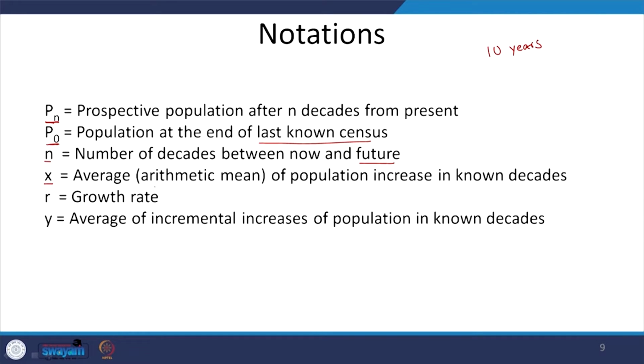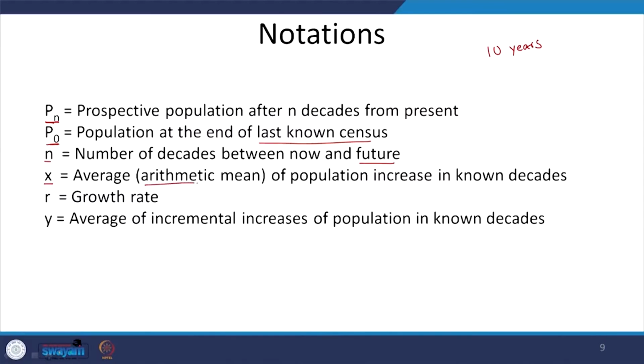So the average, which is the arithmetic mean of the population increase in known decades. Let's say I look at it over a 30-year period. Per decade you are going to have some increase, and the average increase over these 3 decades, that's what we have. That's the arithmetic mean.